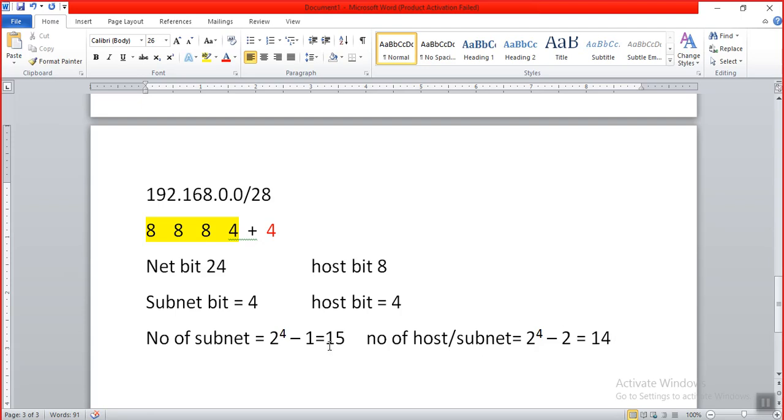That means 15 subnets and in each subnet 14 IPs are possible.